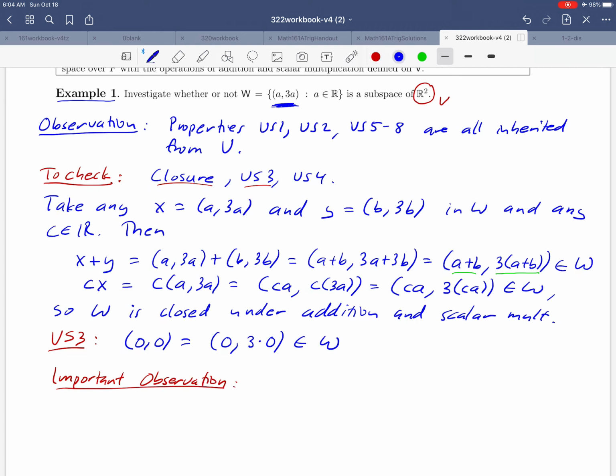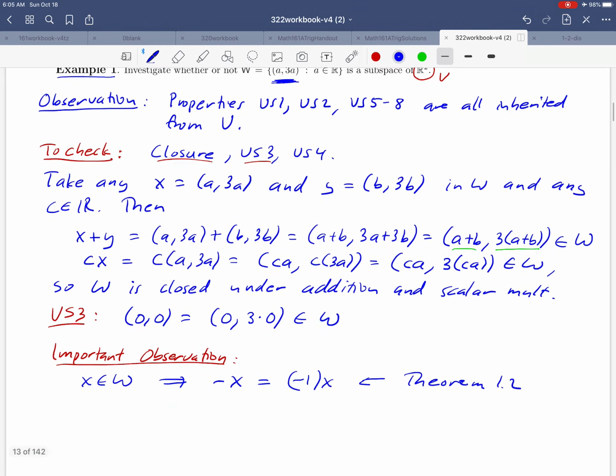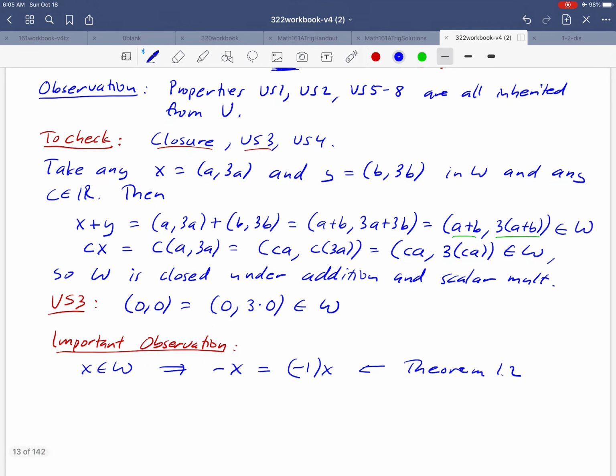If we start with x in W, note that negative x, by something that we proved in a previous section, is equal to negative 1 times x. That was actually Theorem 1.2, so we know that that's true. And negative 1 times x is a scalar times a vector x that we know to be in W, so that has to be in W because we proved closure above.